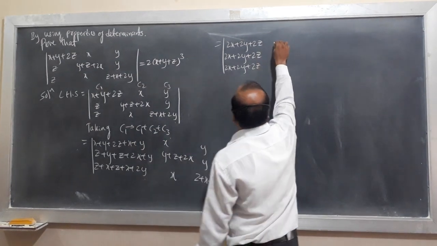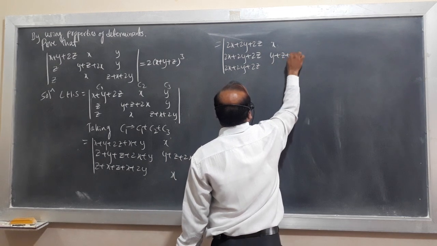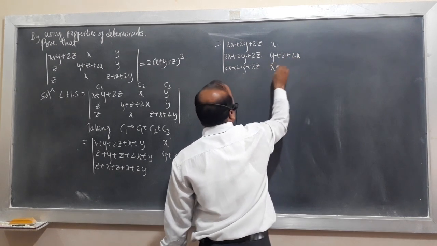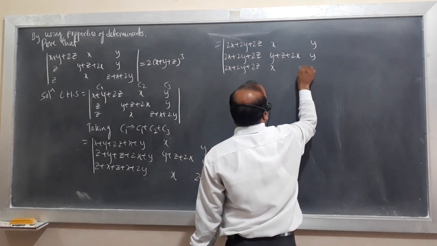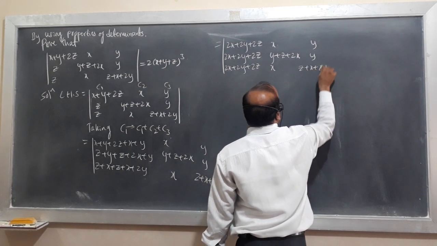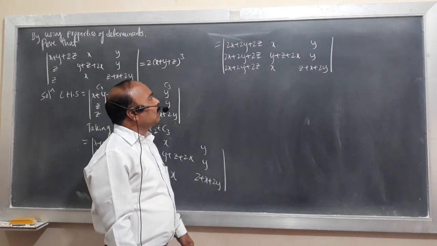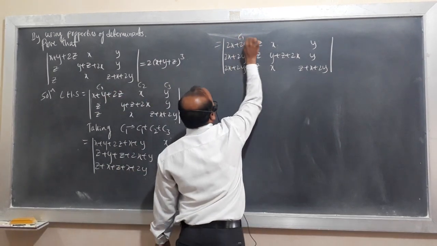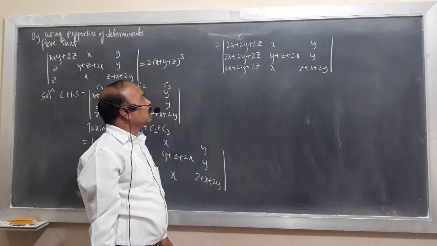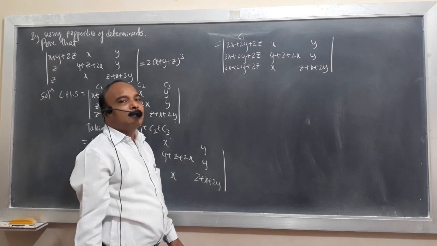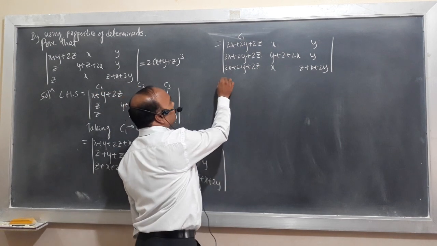Now second column as it is, x, y plus z plus 2x, x. Third column y, z plus x plus 2y as it is. Now we observe that in the first column, that is C1, every element is the same, so it is possible to take it outside from the first column by using the third property.